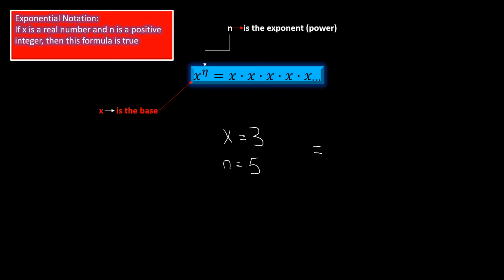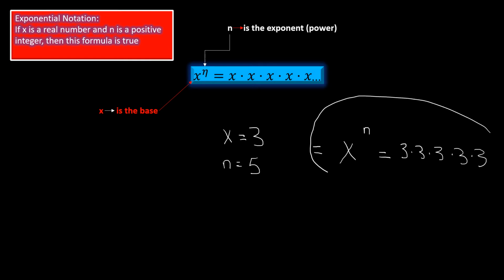So we could have also written it like this: x to the nth power, right? And what was that x? 3 times 3 times 3 times 3 times 3. I'll tell you what, how about we do a few more examples?